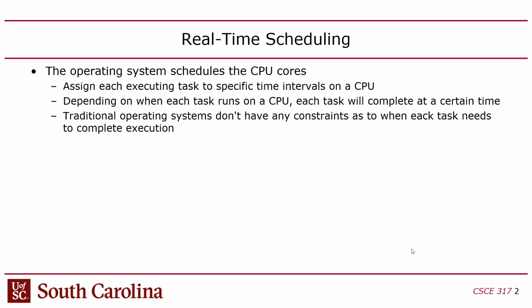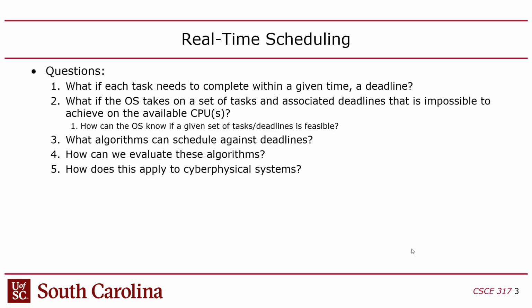So if you design a control system on Linux, you're in trouble. It's not going to work. So for that reason, there are specialized operating systems that are designed for real-time systems that do what Linux cannot do, which is guarantee a given worst-case execution time.